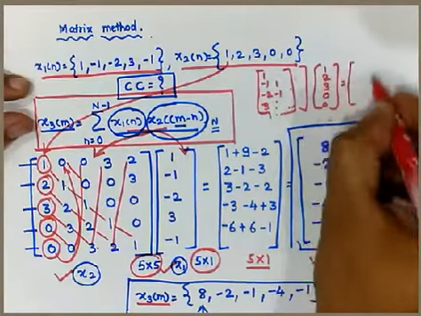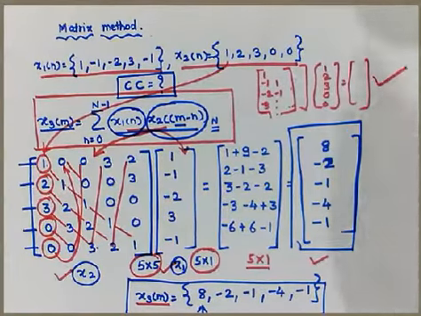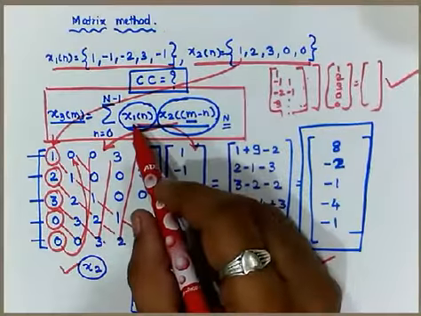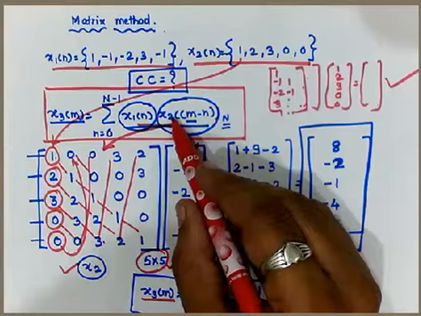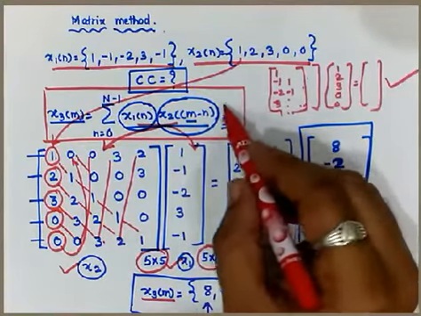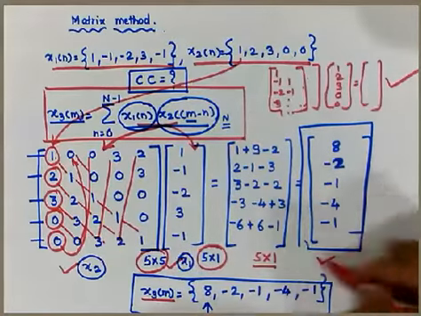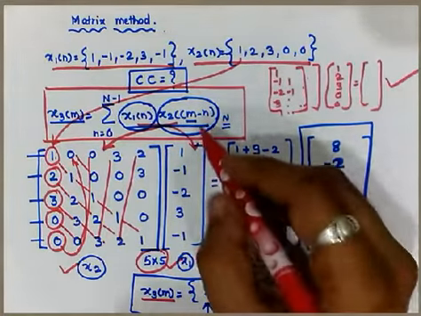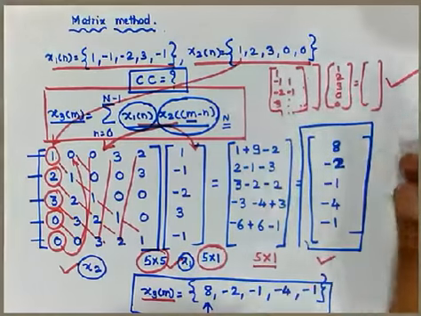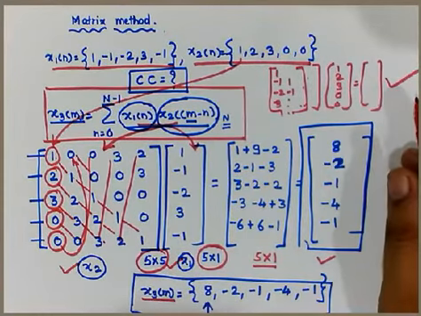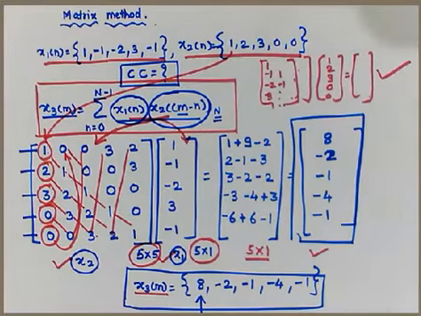This also gives the same result we expect. Only the formula is modified: this will be x2 of n and x1 of (m minus n). Although we shift x1 or x2, it doesn't affect the result of the overall calculation. But let's proceed with the formula so that it correlates properly. So this is all about the matrix method to solve the circular convolution. Thank you everyone. Thank you very much.